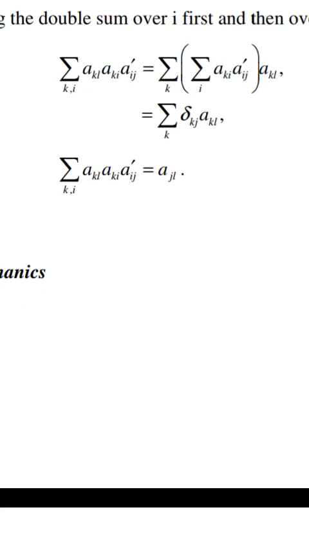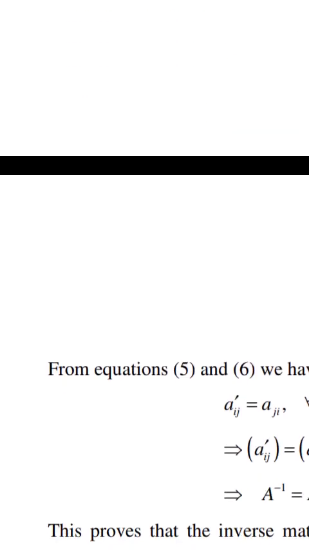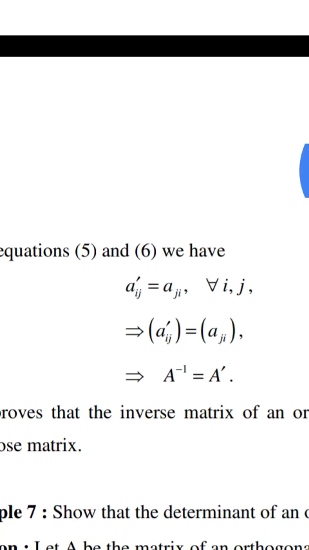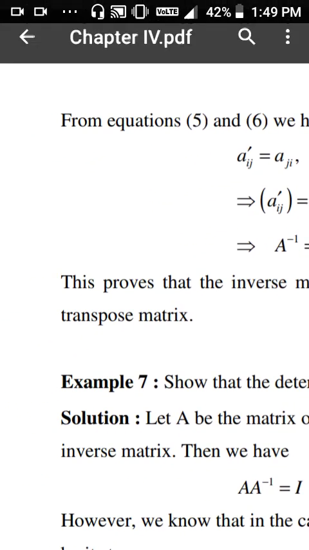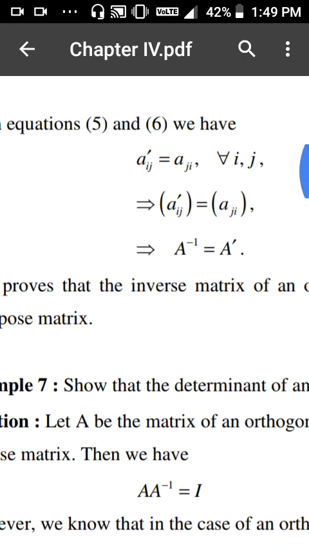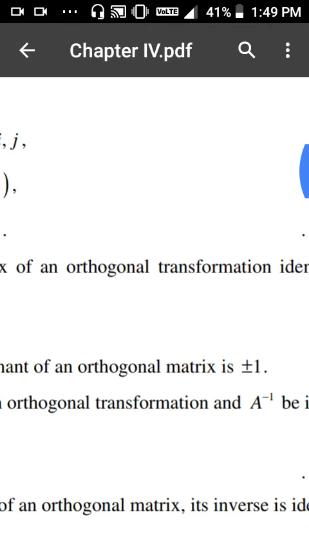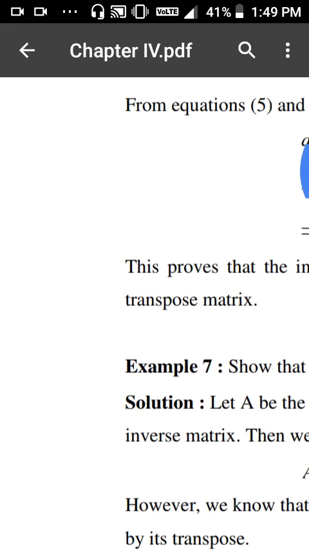Therefore, the summation of Aki, Aij dash is equal to Aij. From equations 5 and 6, we have Aij dash is equal to Aij. Therefore, A inverse is equal to A transpose. This proves that the inverse matrix of an orthogonal transformation is identified by the transpose matrix.